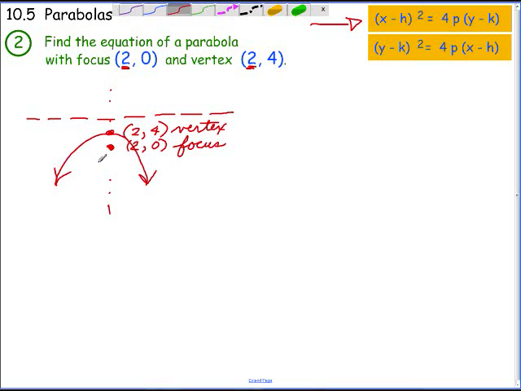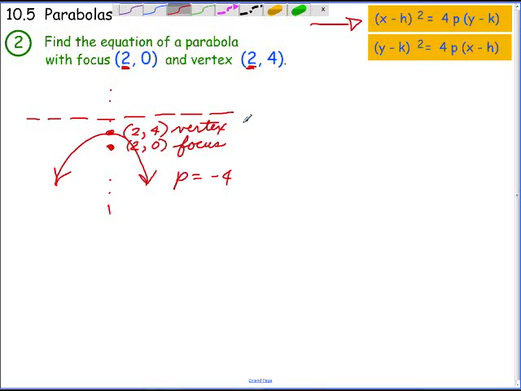Well, this is a little bit surprising. The distance from my vertex to my focus is a value we call P, and in this case it's -4, isn't it? It's the first negative we've dealt with.